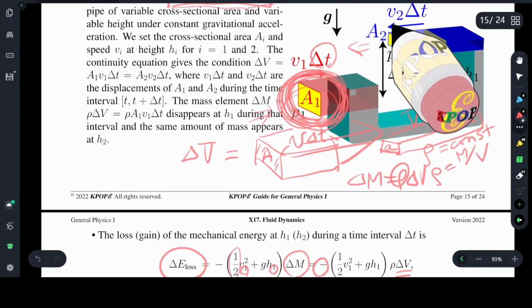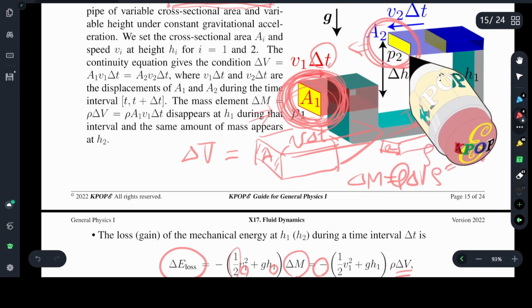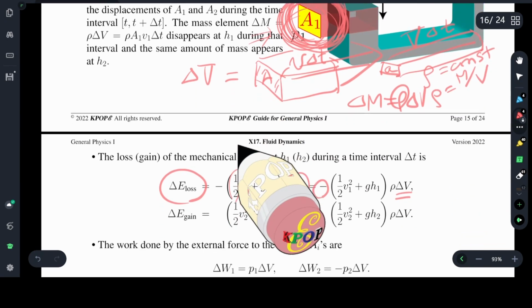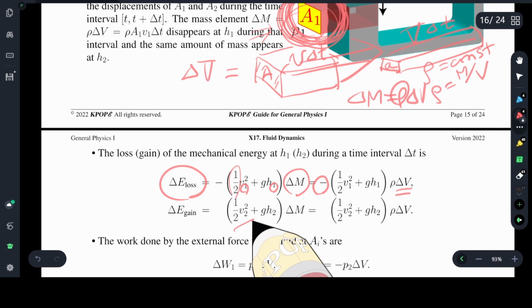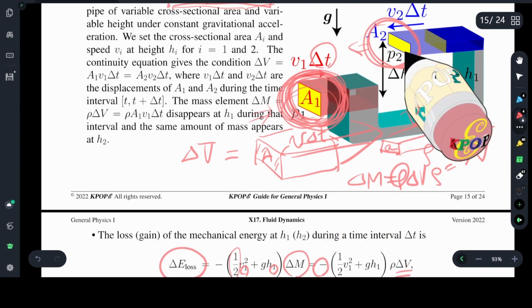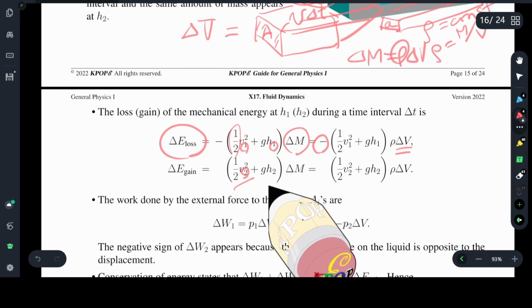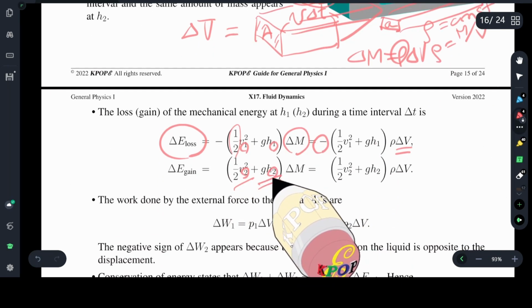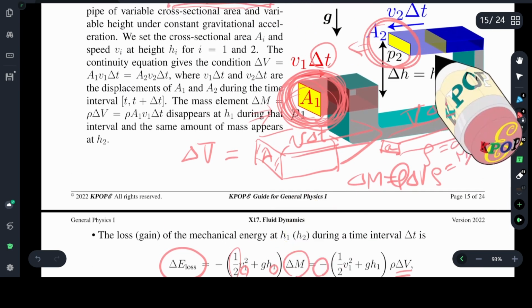On the other hand, on this side we have gained. Gained what? Kinetic energy 1/2 mv squared, but the velocity is different. This velocity and the mgh height are different in general.